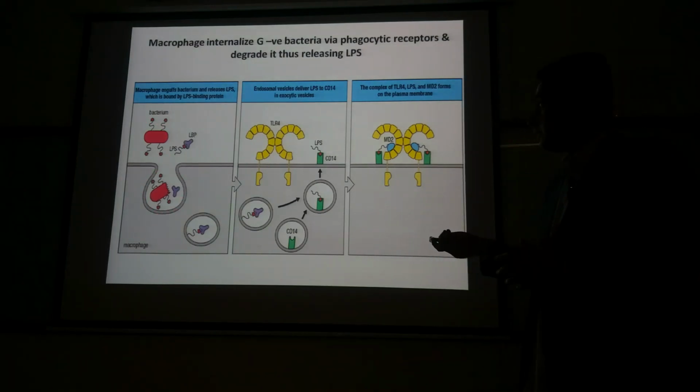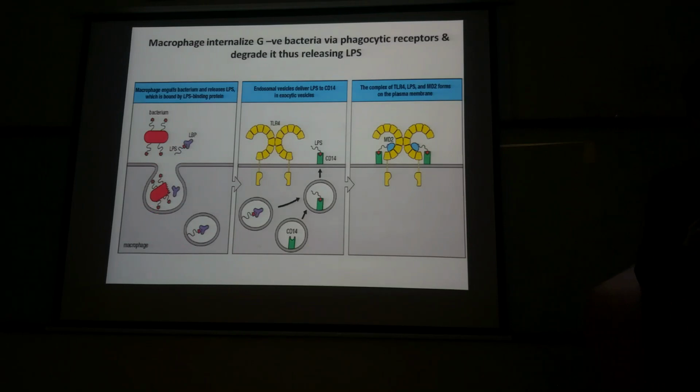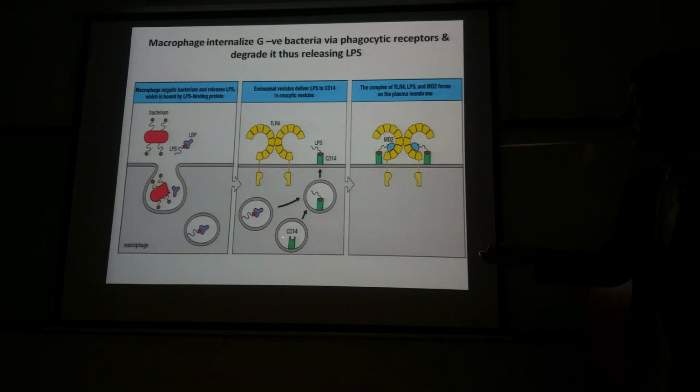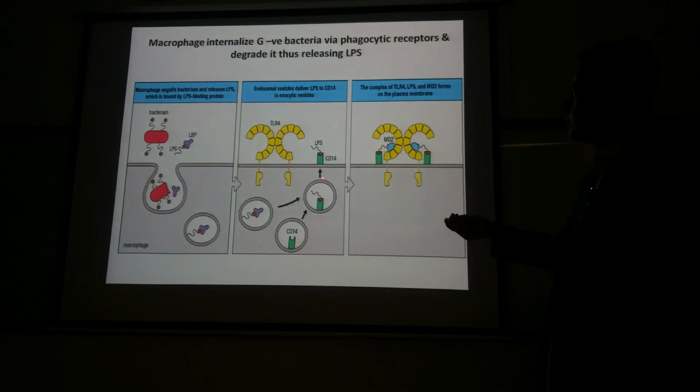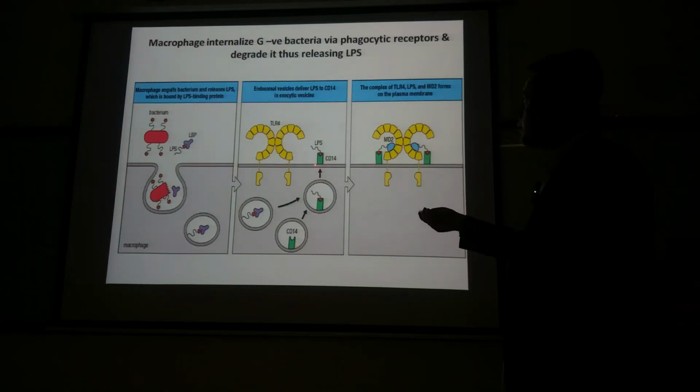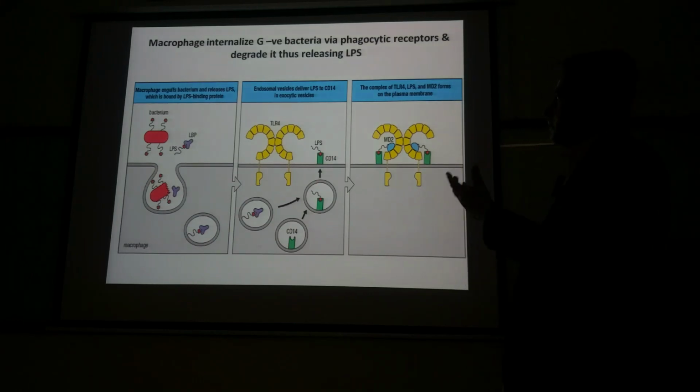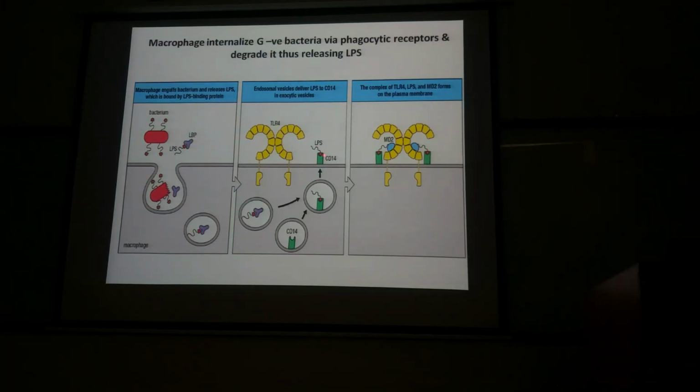Now LPS, as it is being degraded, LPS has been separated, and LPS has been shifted to another molecule there inside the macrophage, which is CD14. CD14 just comes here at the surface. It is now bound to LPS.